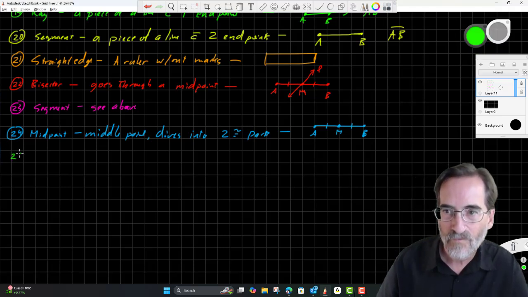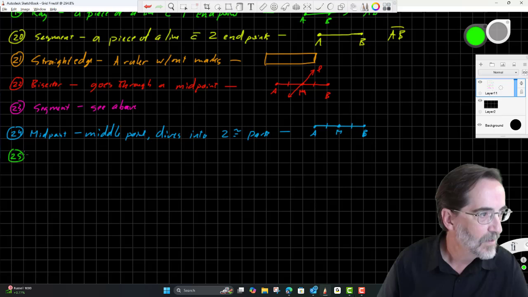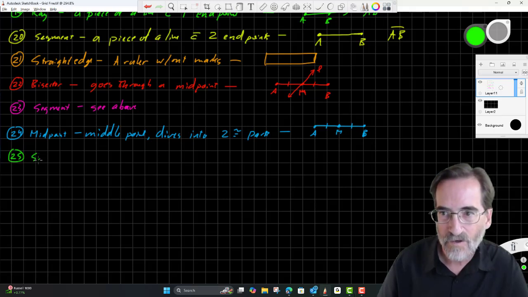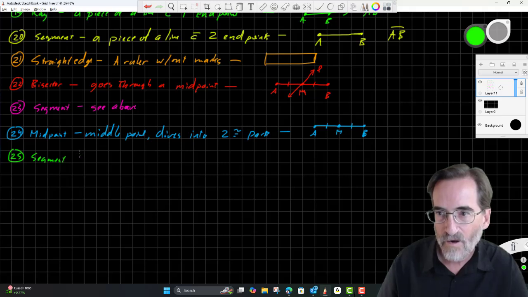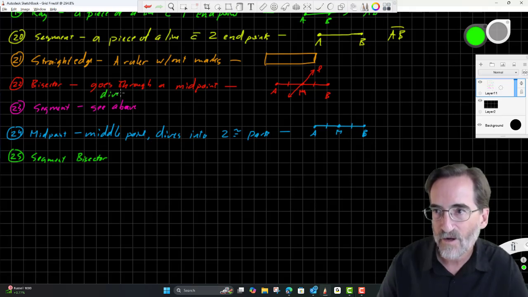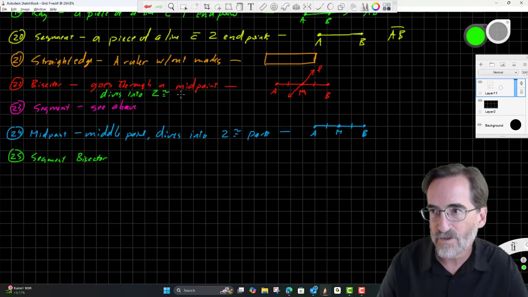25. Segment bisector, as opposed to angle bisector. Another way, by the way, that brings up something. Angle bisector doesn't go through a midpoint, but it divides into two congruent parts. So that's a better definition.